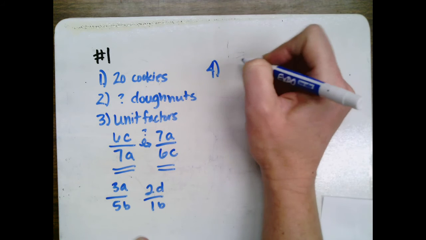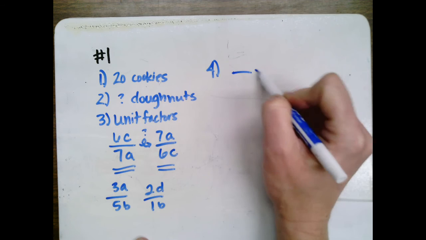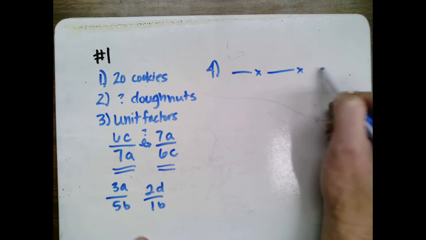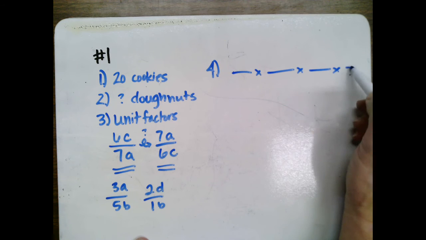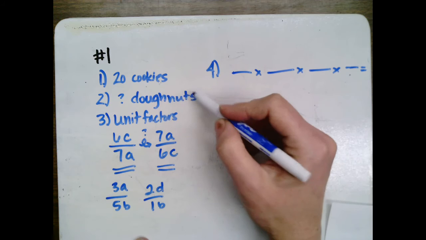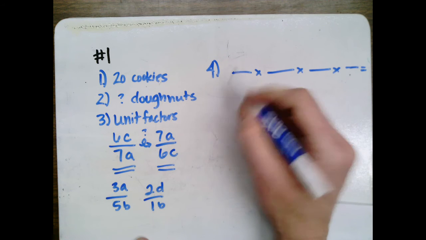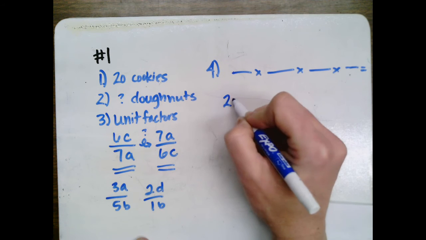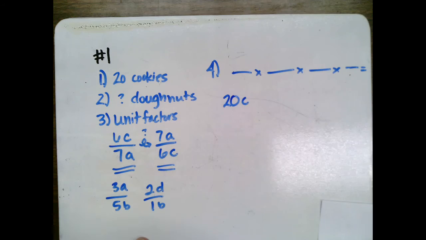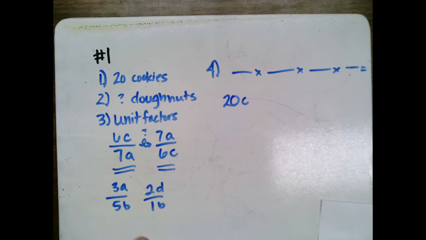And I know I kind of gave you this example, where you're going to have this looking setup, right? And then equals, okay? So I'm going to start with what I'm given. What is it that I know? What has been defined in the problem? 20 cookies. I have to take 20 cookies, which is a measured value, and convert that to donuts, because donuts are better than cookies.